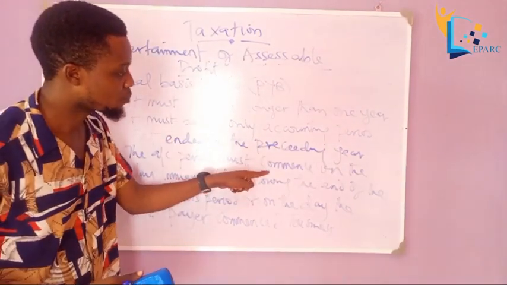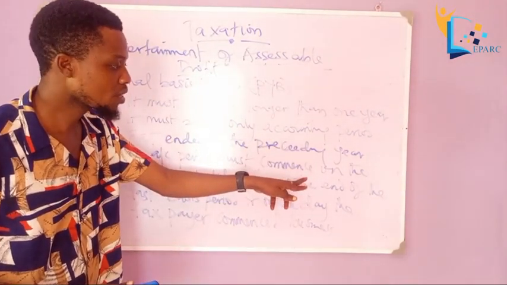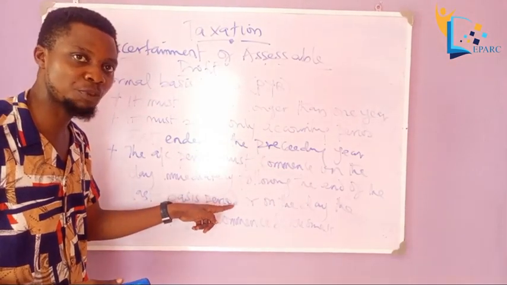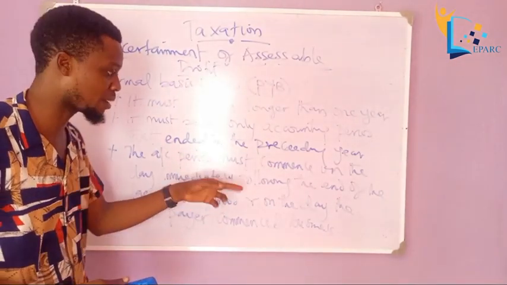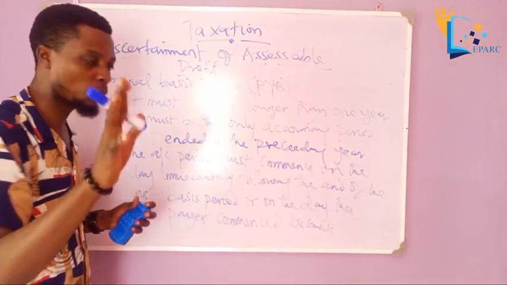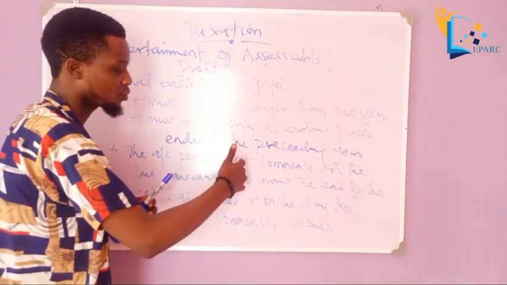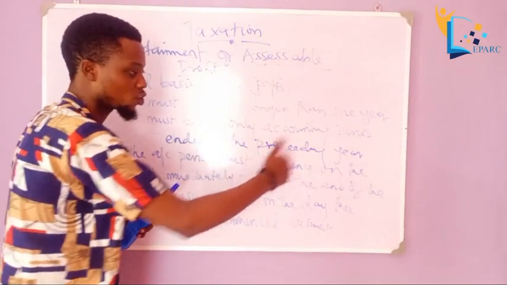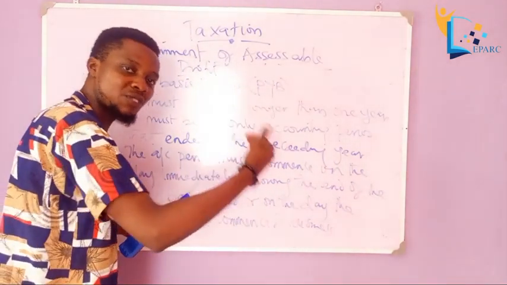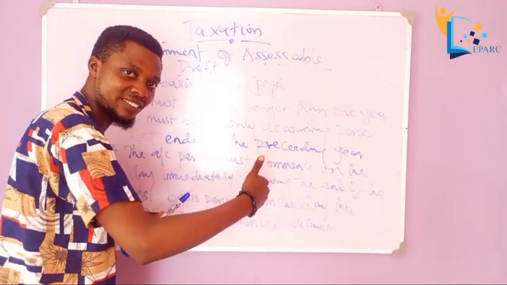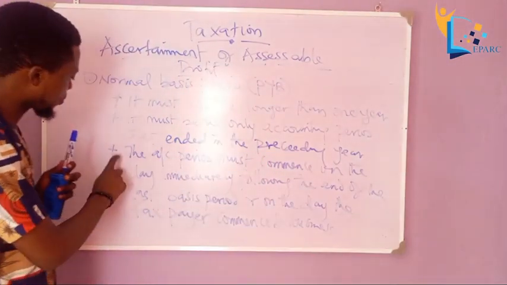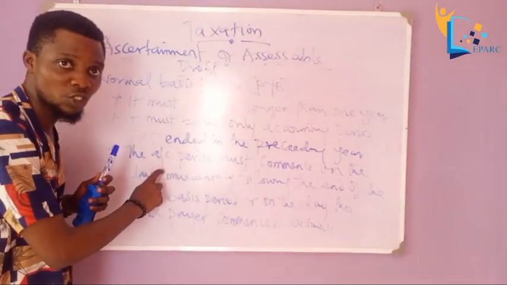You will notice that when I ended the basis period, if I'm continuing the next basis period for that year of assessment, I immediately take the next day. What I mean is this. If we have from 1st January to 31st December, that's 1 year, right? Now, after 31st December, what is the next period? Is it not 1st January?